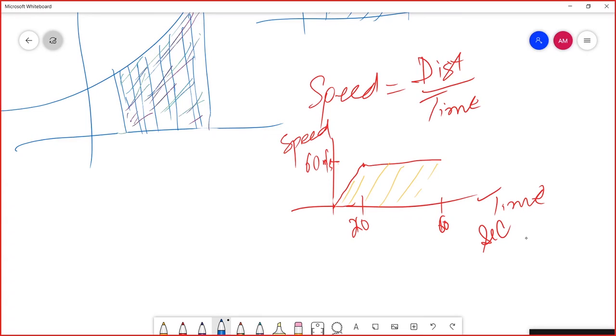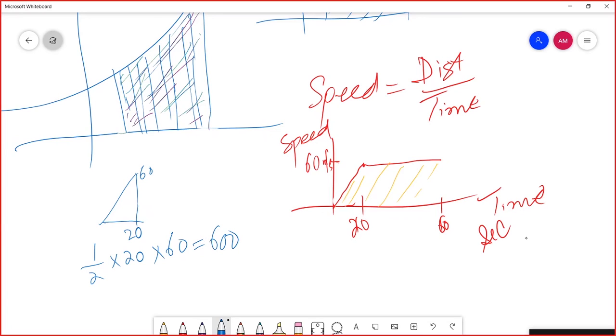But let me first ask you, if I just make it like this. This is 20 and this is 60, right? This is a right angle triangle. So if I say half times base times height, what is this thing actually equal to? This comes out to be 600.